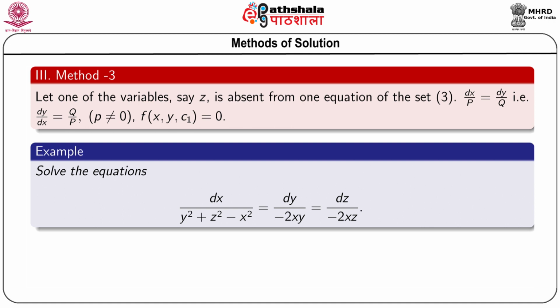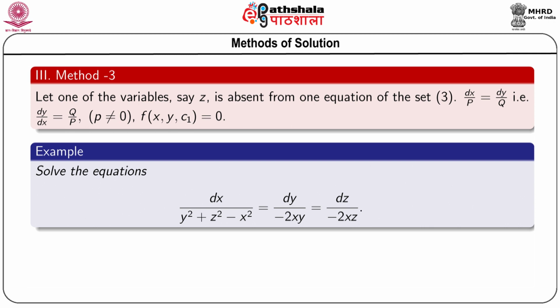So, dy by dx is q by p, but there is no z, so we can solve it. This is a first order differential equation, so we can solve it easily, and let that solution be f(x, y, c1) equals 0. Now, from this expression, eliminating x or writing y as a function of x and substituting that in the original equation, we can get the other integral.